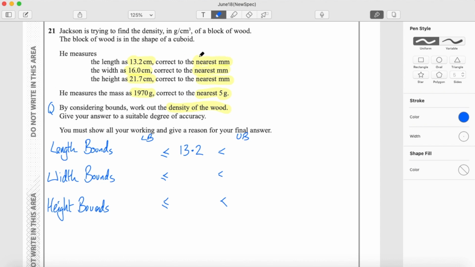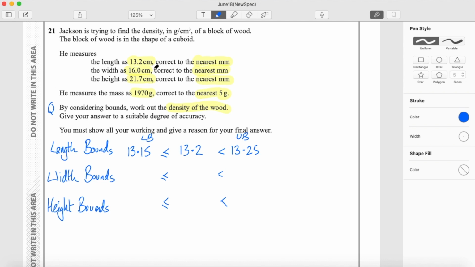That means we either round up to 13.3 or down to 13.1, so if we were 13.25 we would round up to 13.3. Therefore 13.25 is our upper bound. Similarly, 13.15 is our lower bound.